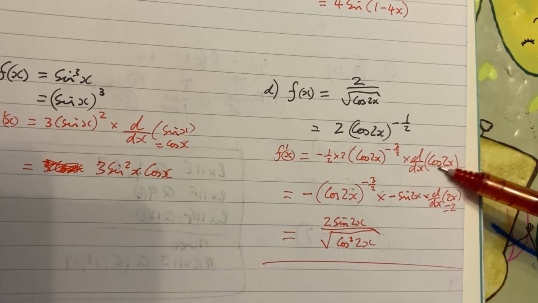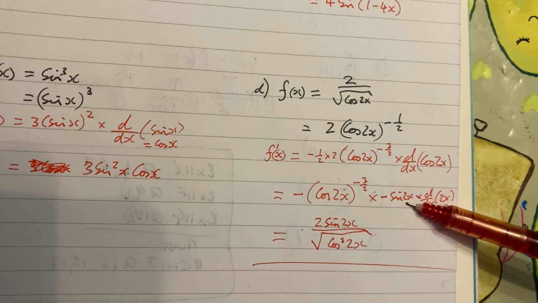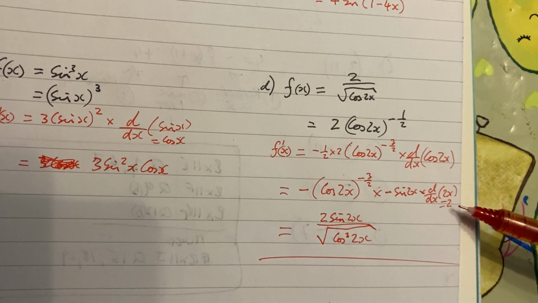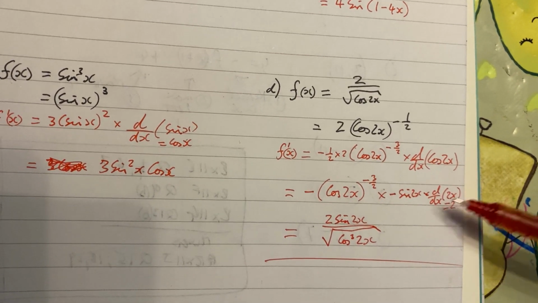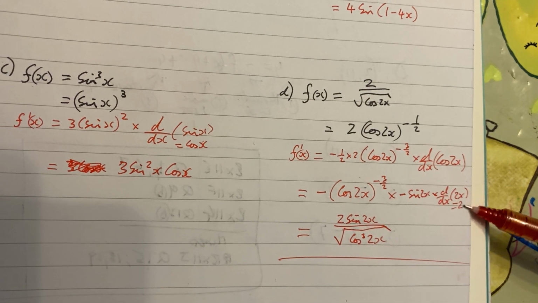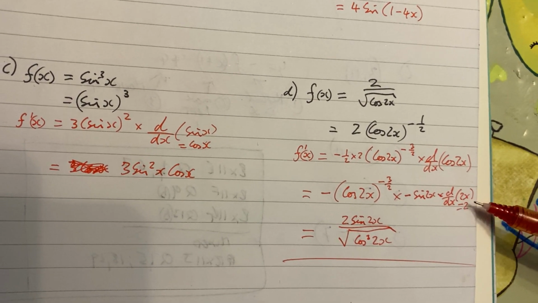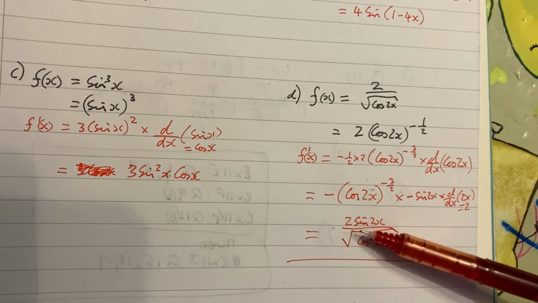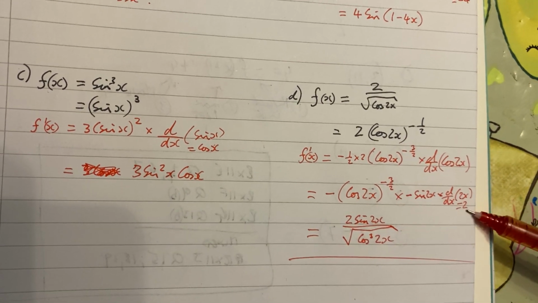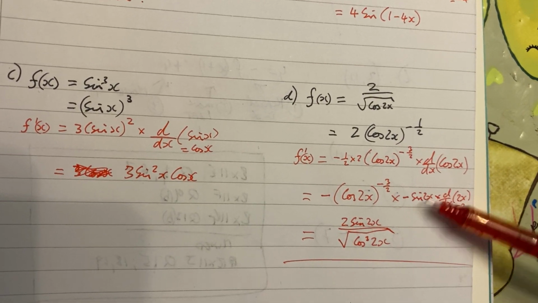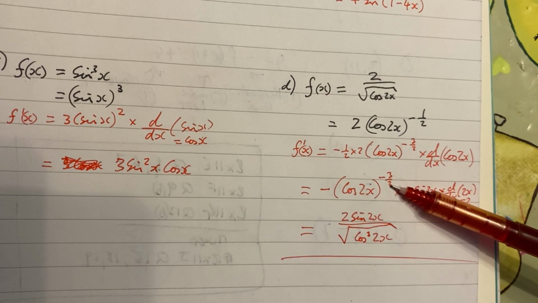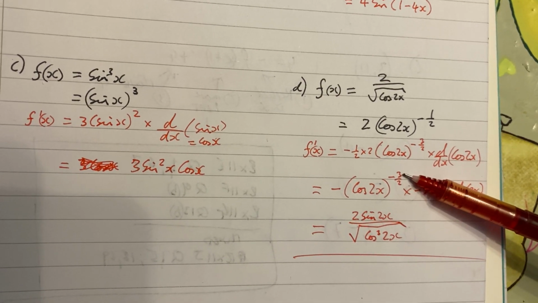So the differential of cos 2x is negative sine 2x, but don't forget to times by the differential of what's in the bracket. So differential of 2x is 2. So you've got a negative negative, so it's positive 2 sine 2x over square root cos 2x cubed.